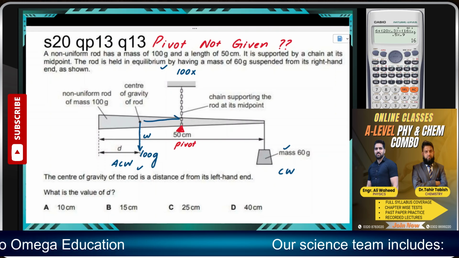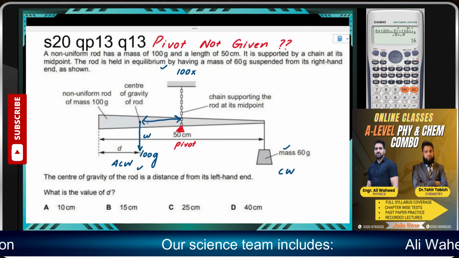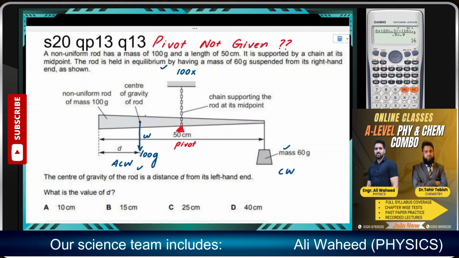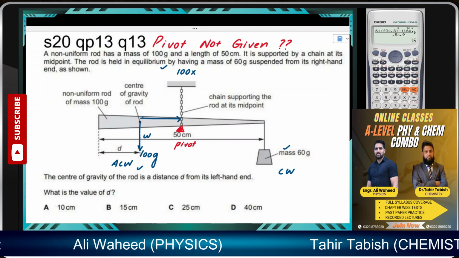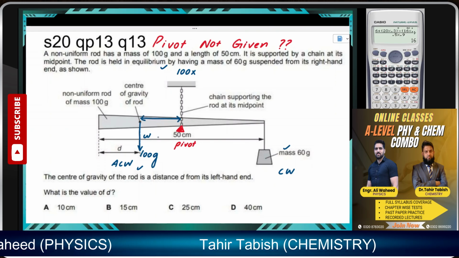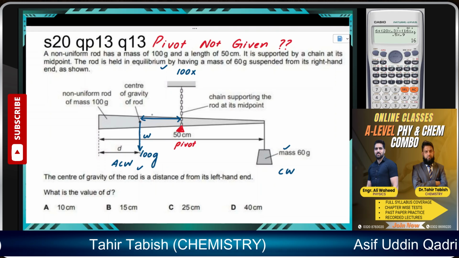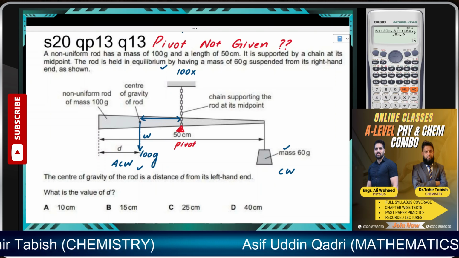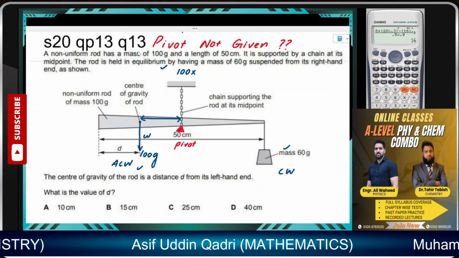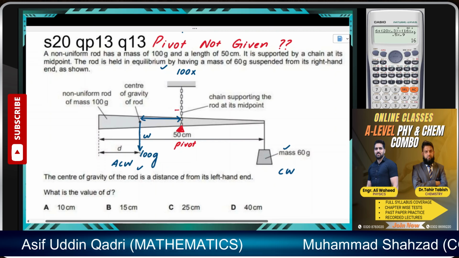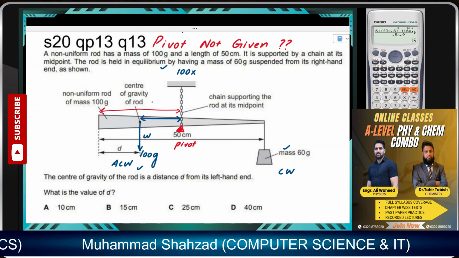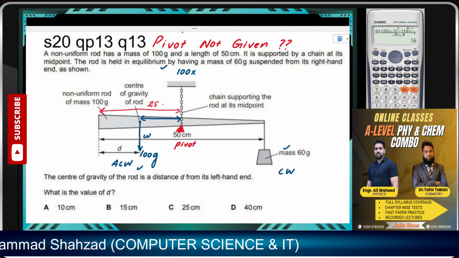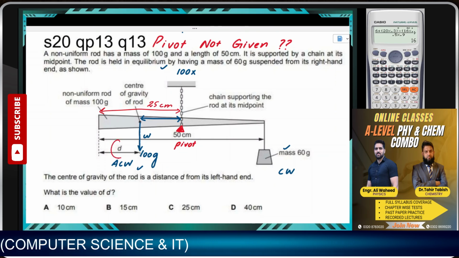However, this distance would be from here till here. For the principle of moment, we need to use this distance. What we know is that the total distance on the left side is 25 centimeters, and the distance on the back side is d.